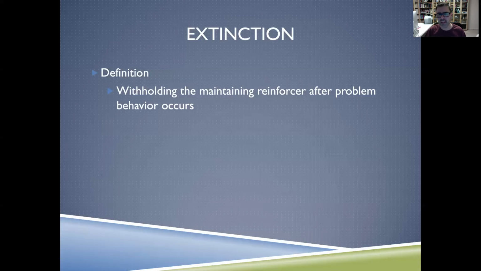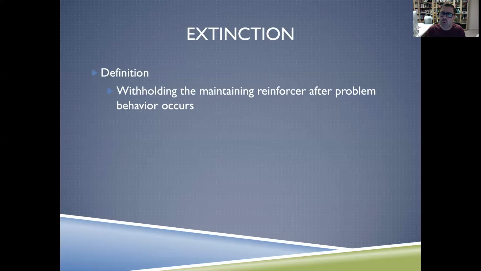So this is the case in which once we find the causes of a specific behavior, once we understand the consequences maintaining the behavior, then what do we do? We can implement extinction. If we know what the reinforcer is for a problem behavior, I can withhold the reinforcer for that problem behavior.